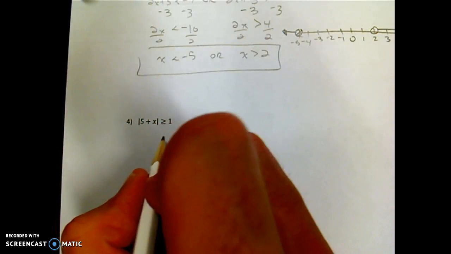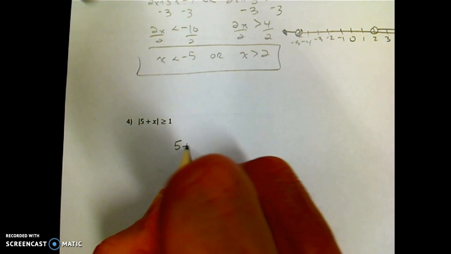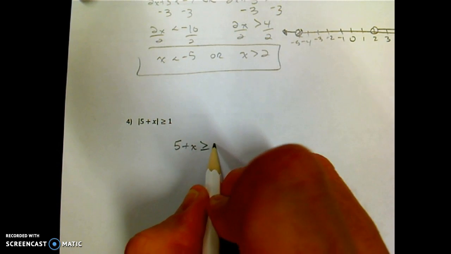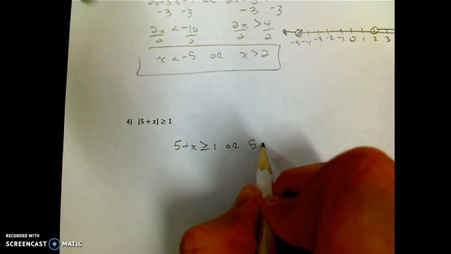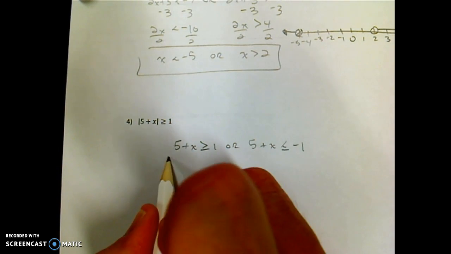And one final one, inclusive this time: absolute value of 5 plus x greater than or equal to 1, so 5 plus x greater than or equal to 1, or 5 plus x less than or equal to negative 1.